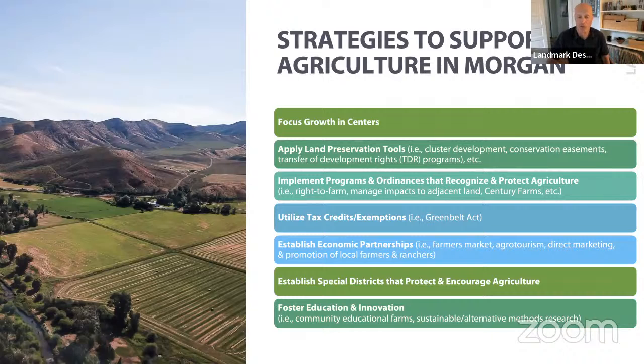These special districts that we just talked about, establish them and over time really have them become the kinds of places that you want, and then protect those areas and tie it in with encouraging agriculture in the long run, and then fostering education and innovation.